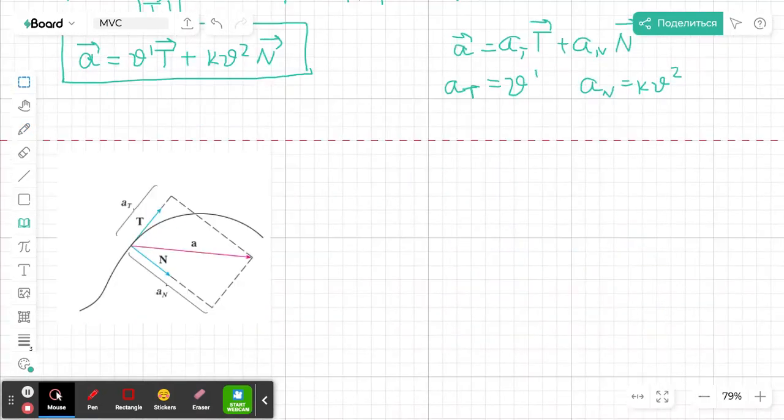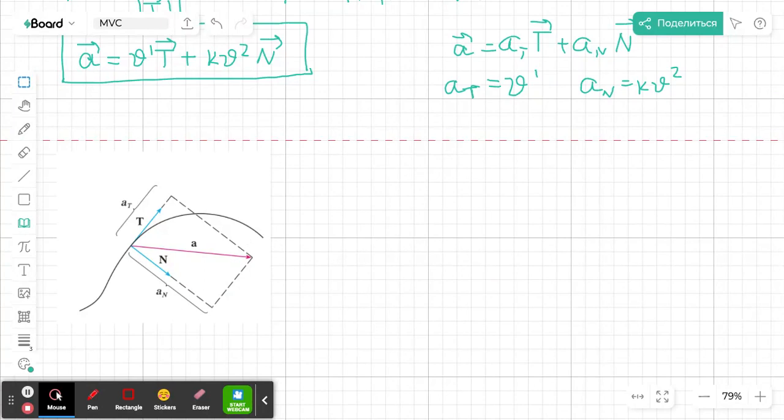So on this diagram, we can see what is happening. We can see our unit vector T, our unit vector N, right? So we're multiplying a sub T and a sub N by those vectors, and then once we add them up, we're going to get our acceleration right here, the vector of acceleration.